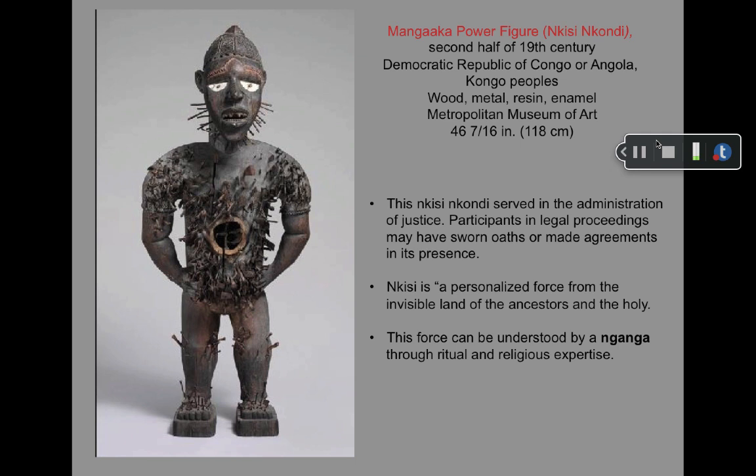If you were bound to a legal agreement, when you were making such an agreement, you'd have to nail a nail into this figure as you're swearing an oath. And if you were to go back on that agreement, the spirit associated with this power figure would come after you and something bad would happen to you. So it actually functions within a court of law to make sure justice is served.